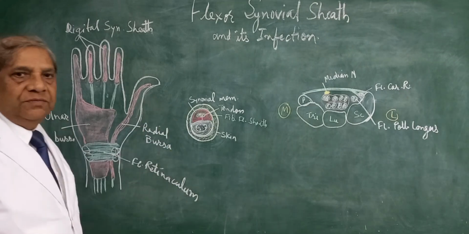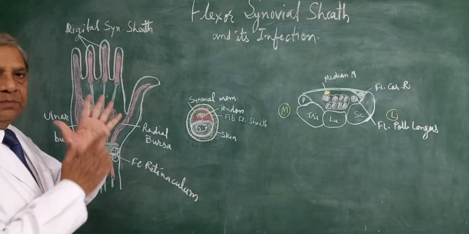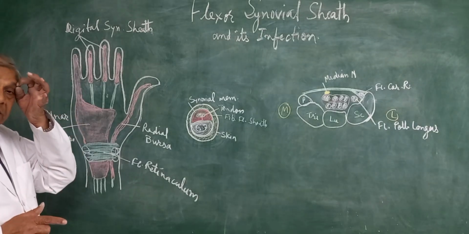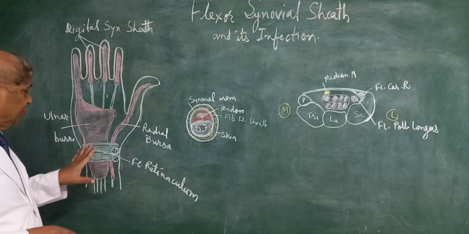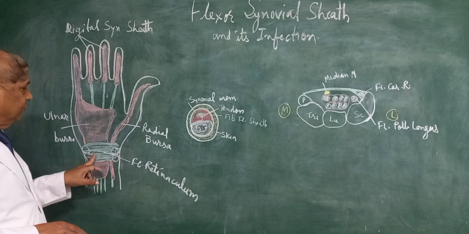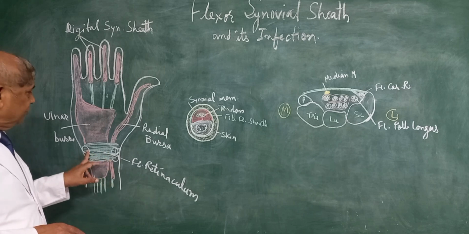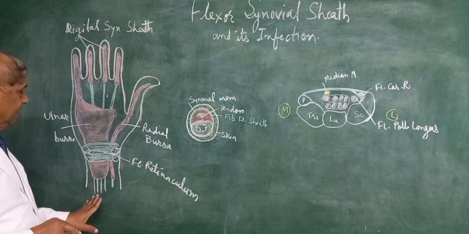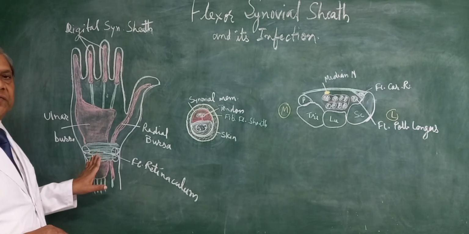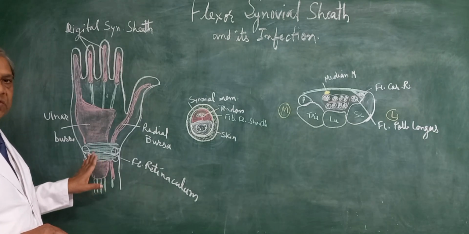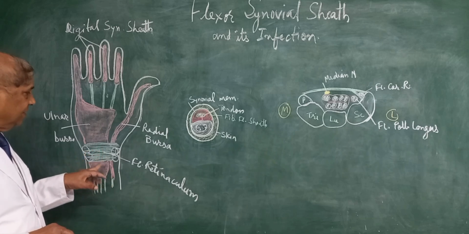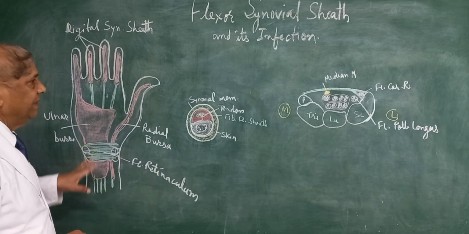Now, this kind of arrangement on the palmar aspect of the palm is quite extensive. For example, deep to the flexor retinaculum, which lies between the carpal bones, in a very narrow space pass various tendons: flexor digitorum superficialis, profundus, flexor pollicis longus, and then flexor carpi radialis.